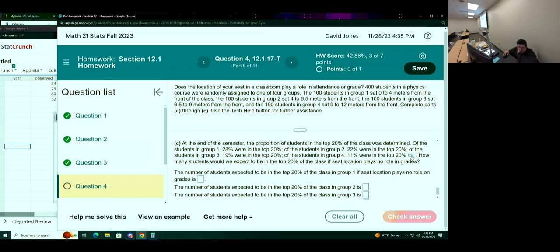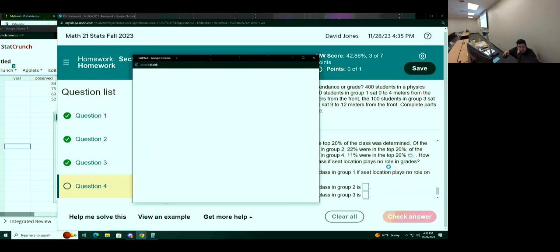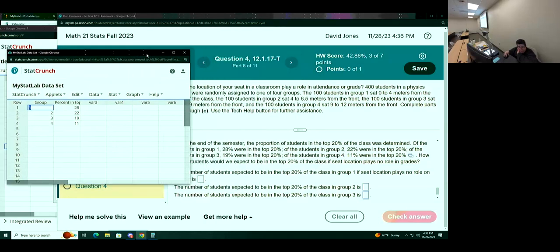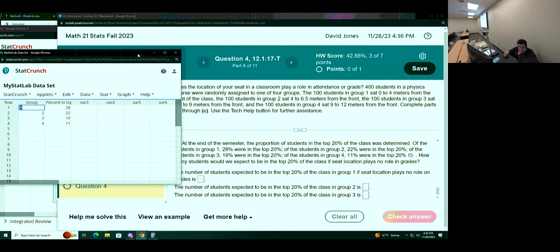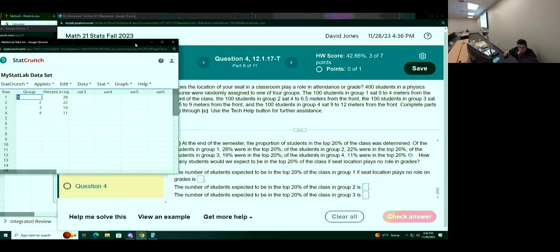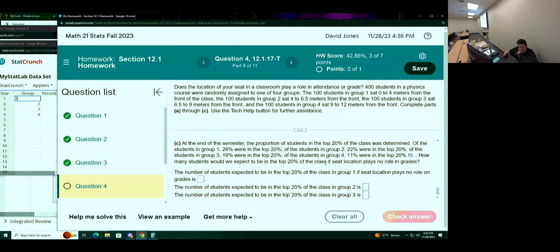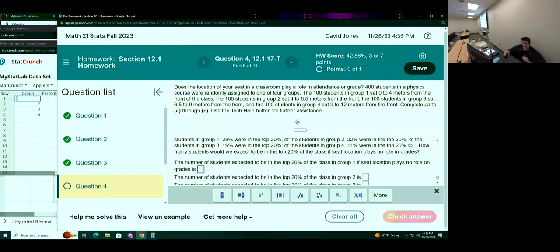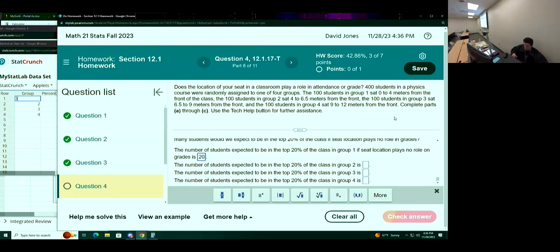Expected to be in the top 20 if location doesn't play a role, this one should be 20 across the board. They changed it up.